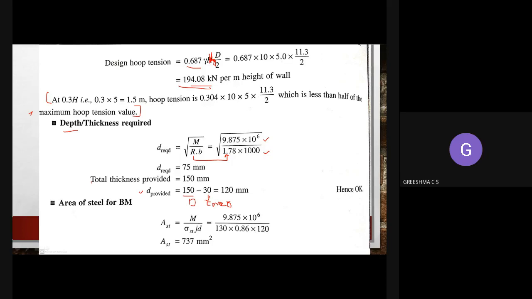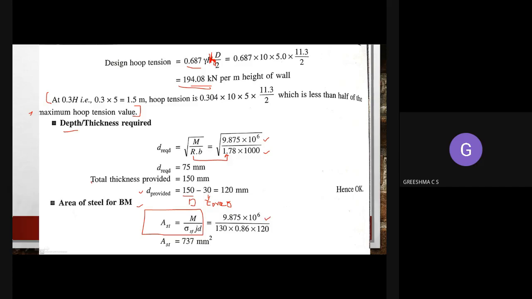Coming to step number 3, again a very simple equation. You have to learn it by heart. It is the same equation that we followed last time also: Ast is equal to M divided by sigma st into j into d. This is the working stress method, so please remember the equation is different here. M is 9.875 into 10 raised to 6.